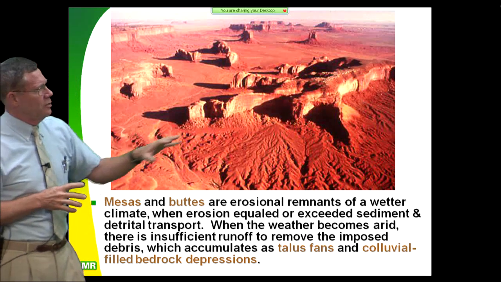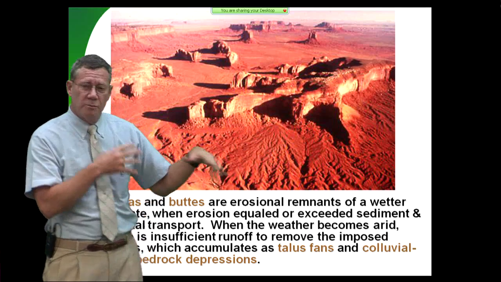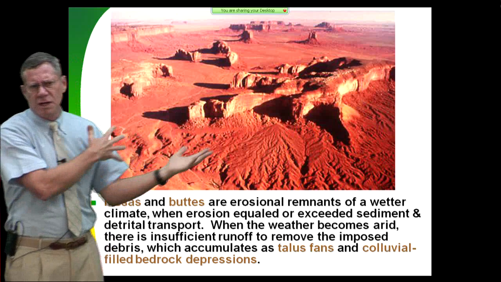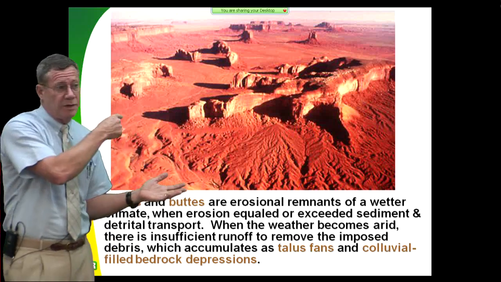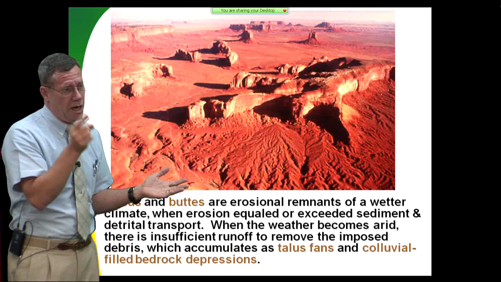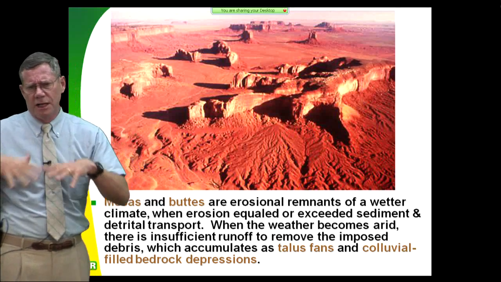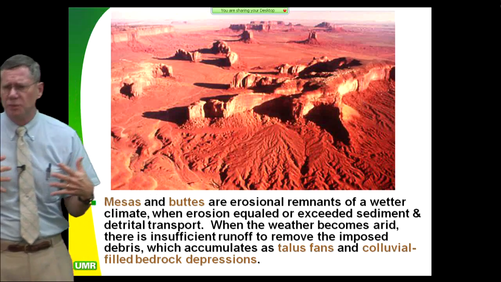And so what you have going on here is you have more detritus being produced by natural processes than there's stream power available to remove it. And in these kind of places, you really gotta be careful, because you're going to get big accumulations of colluvium and landslide debris, especially debris flow fans.